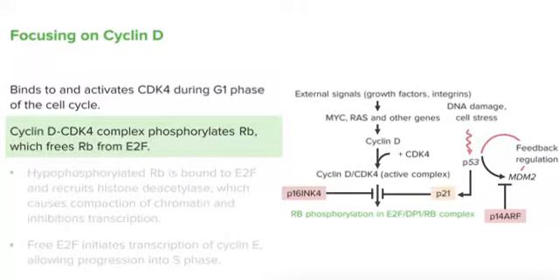If P53 wants to hold off a cell from going from G1 to S phase, listen closely to what I'm saying and what I will be asking. If it monitors your cell quality and P53 finds out that the cell is not worthy of moving forward, what is P53 going to do with Cyclin D CDK4? It wants to arrest a cell between G1 and S, does it not?